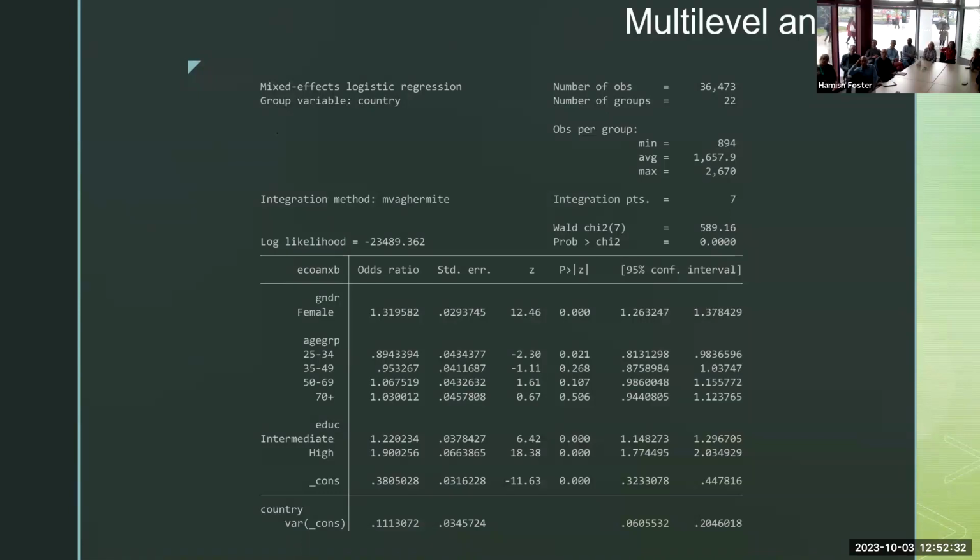In terms of multi-level models, if I've done this right, we find that being female is associated with higher odds of eco-anxiety.